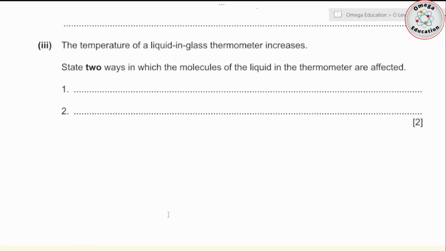So first of all, molecules will have greater kinetic energy.